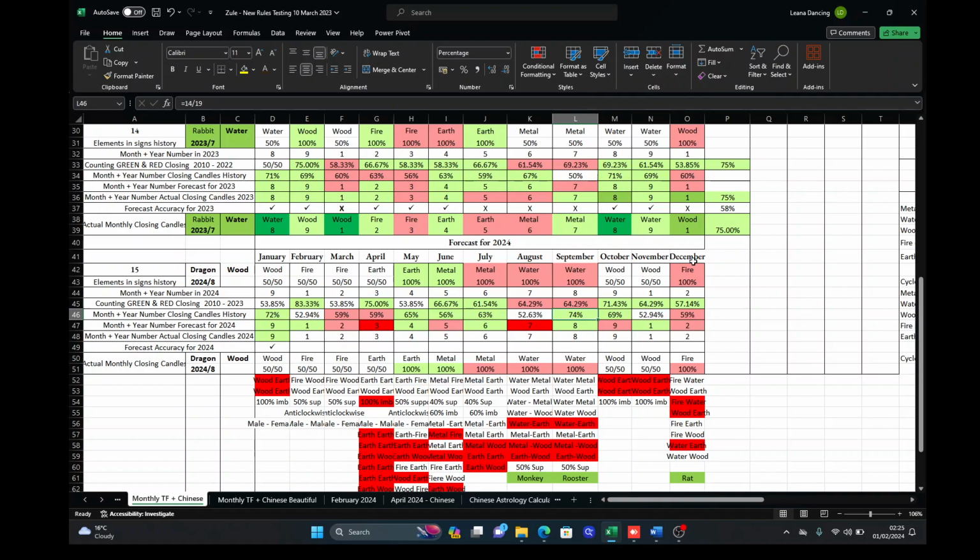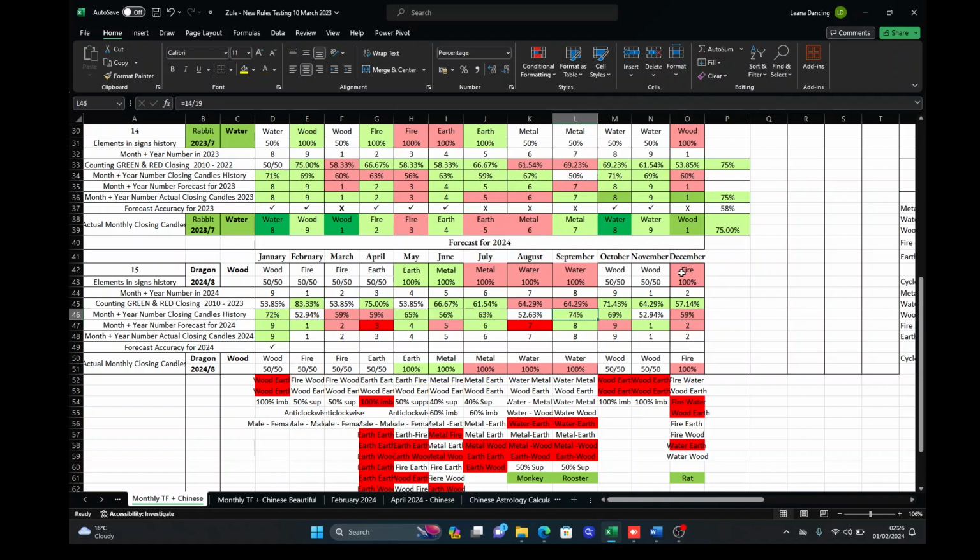Reserve the right to change that because it's 12 months ahead from now, so it's quite difficult to predict so far ahead. So we'll see how it goes. Let's see how the other predictions come true, and then I'll revise December later on. But for now, I got it as a red candle based on the numerology and based on the astrology.